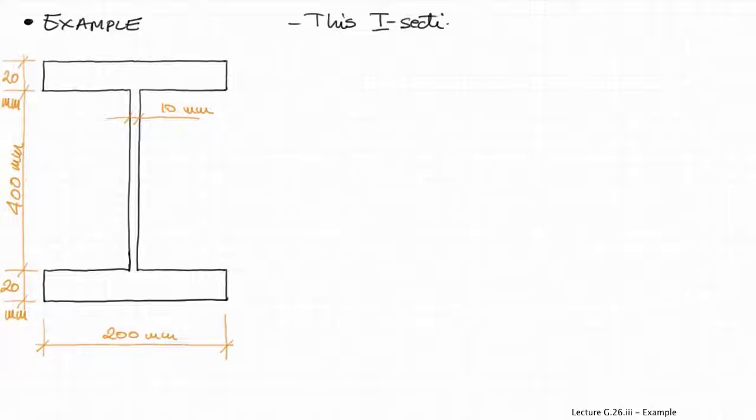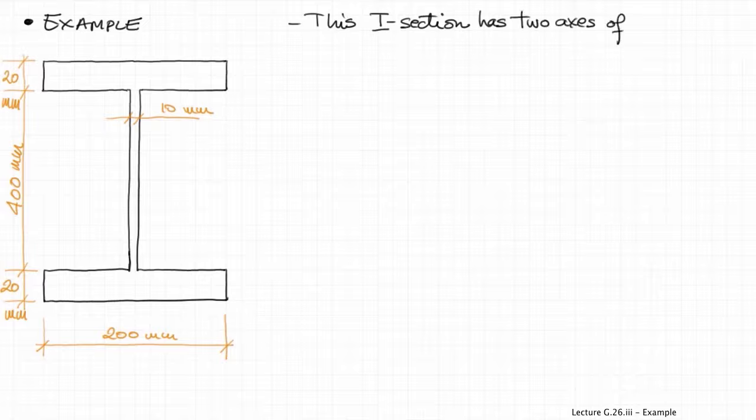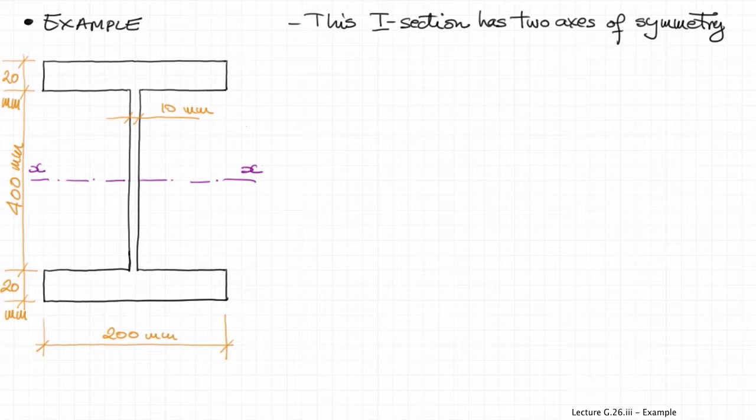Now, if you look at this section, it has two axes of symmetry. So therefore, we do not need to determine the location of the centroid in either direction. Remember that by definition, the second moment of area must be calculated about the centroidal axes.